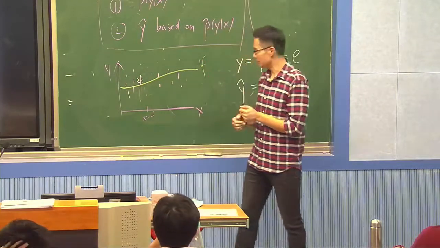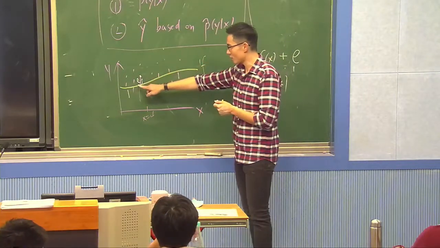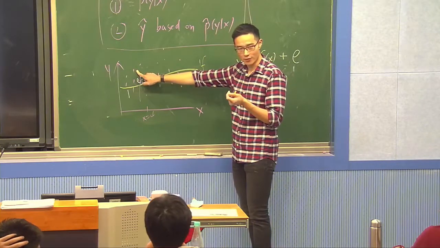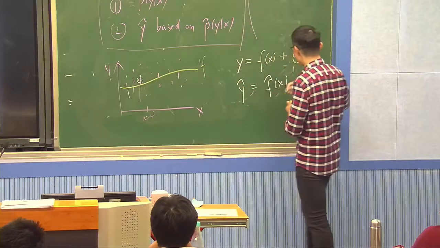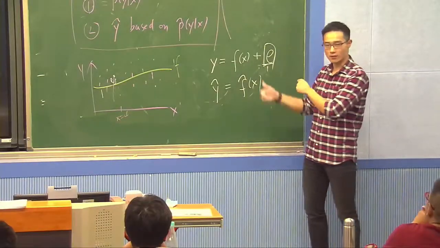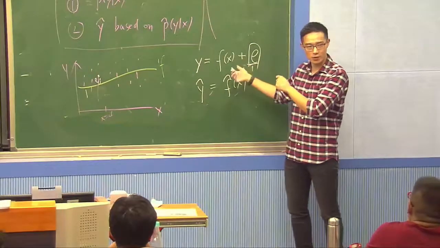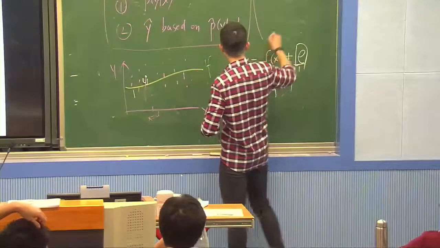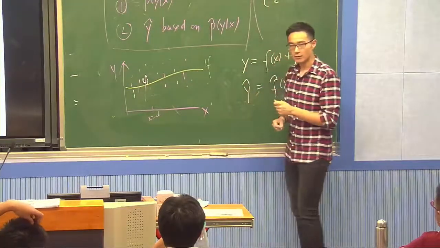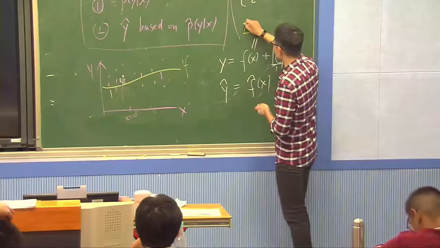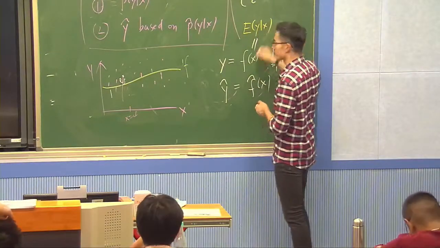The f that best helps me predict y first of all depends on my loss function, because here the loss function depends on this E. So L1 is E absolute value, L2 is E squared, and then you take expectation. If we use L2 loss, then this optimal f, as you are very familiar now, is E(Y given x).